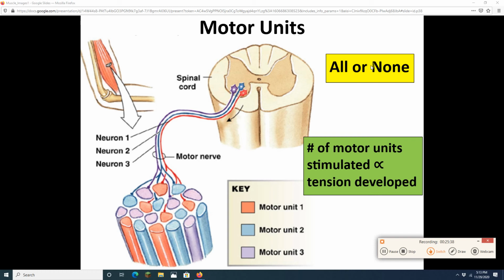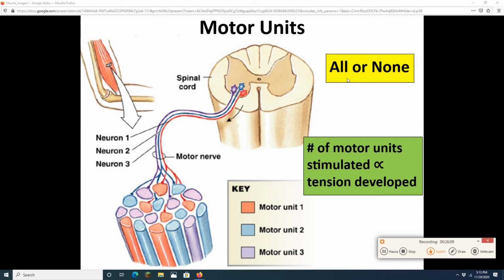But now let's say instead of just holding your arm out, you were holding 10 pounds in that hand. It's going to make it harder to keep that arm out, isn't it? Definitely. You have to generate more force, more power, more tension, however you want to phrase it. But how are we able to have more if muscle fiber contraction is an all or none event? Well, there's a trick here.